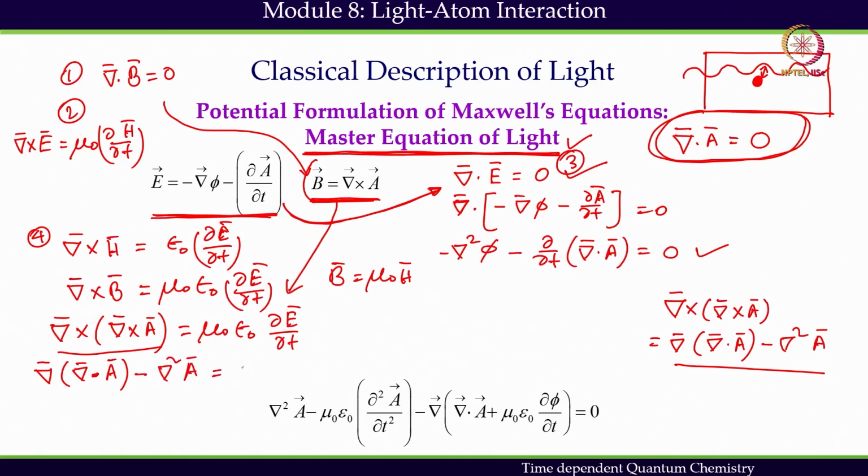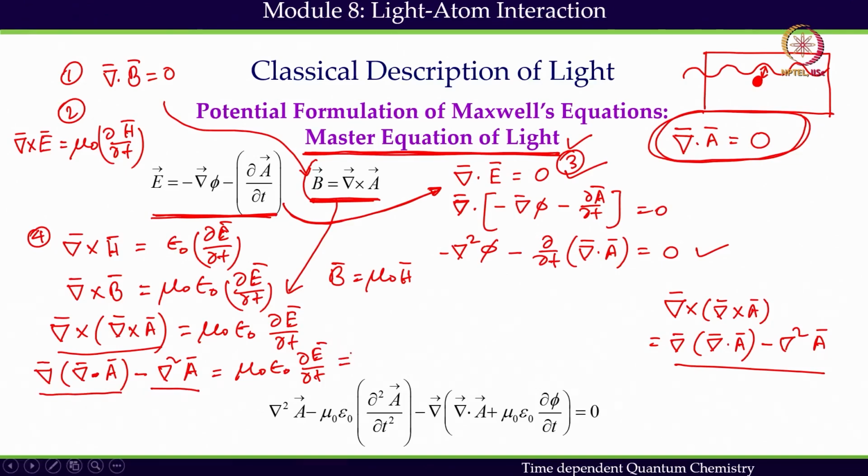So this is the equation I get, mu naught epsilon naught d/dt. We already have this electric field equation here. This part has the potential, but here I still have the field, and I have to convert this field to potential.